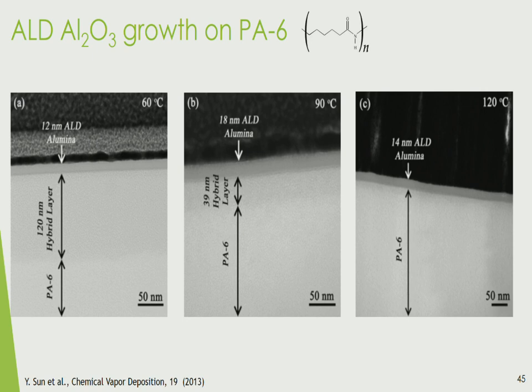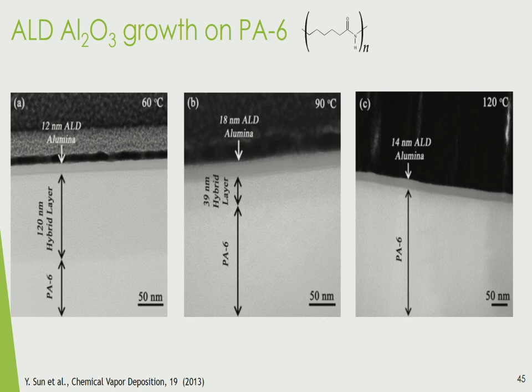And it decreases as we increase the temperature that we're doing our processing. So 120 nanometers here, 39 nanometers here, and there's no thin film interface once we get to a high enough temperature. So it almost seems that this is counterintuitive.